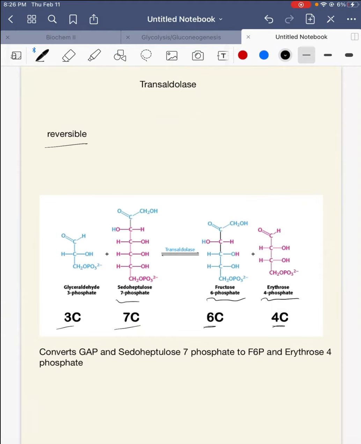Our 7 carbon unit is our carbon donor in this reaction. We give 2 carbons from the sedoheptulose 7-phosphate to glyceraldehyde 3-phosphate, and then that's how we actually give three carbons, I'm sorry, and that's why we end up with a 6-carbon unit and a 4-carbon unit on the product side.